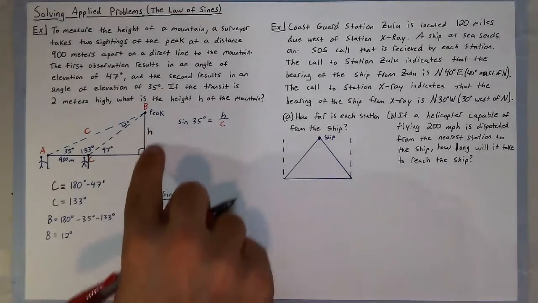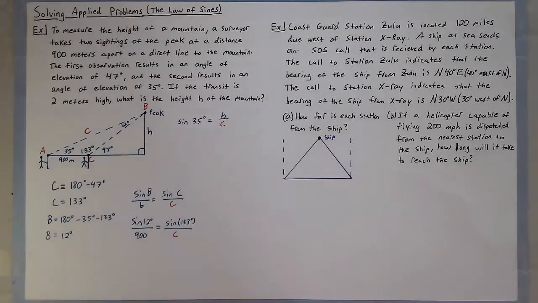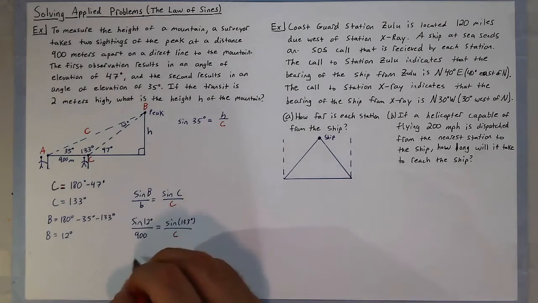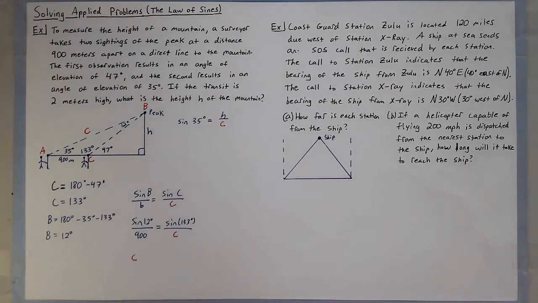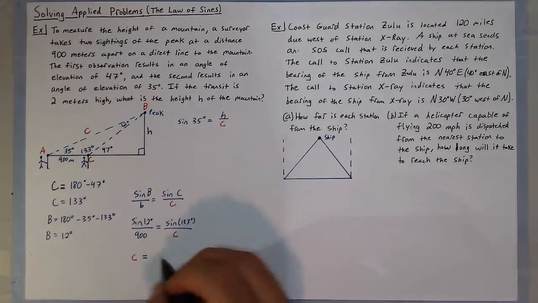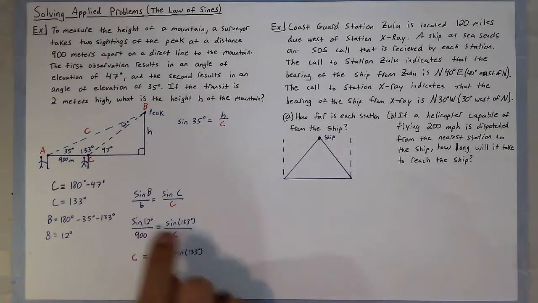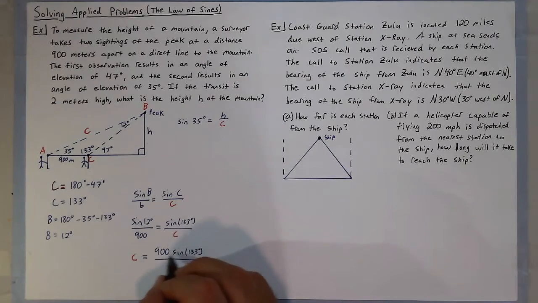So again, I'm looking for that height, but I need to know side C to find it. So cross multiplying and solving for C, I'll get that C is equal to 900 times the sine of 133 degrees, then after cross multiplying, you divide by sine of 12. You get C is equal to 900 sine of 133 degrees over sine of 12 degrees.